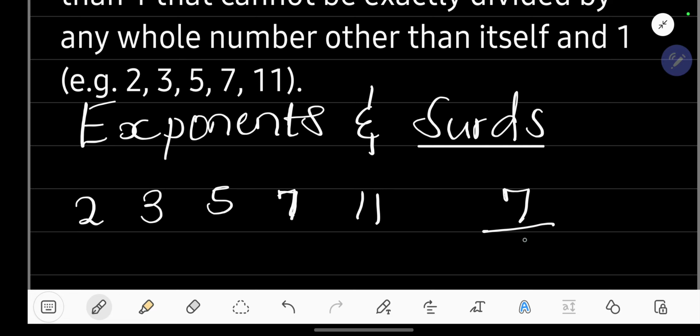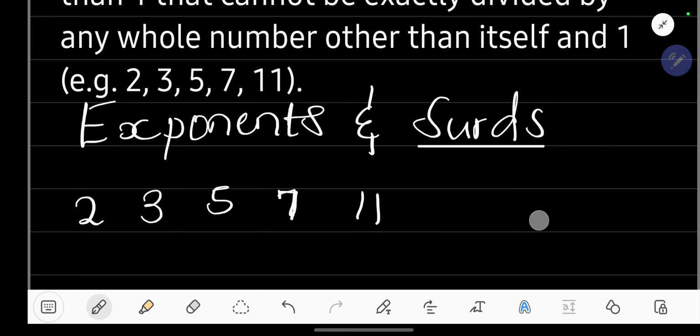If you divide 7 by 1, it gives you 7. If you divide it by 7, it gives you 1. You can divide it by 3, but 3 goes into 7 twice and leaves a remainder of 1. You see? That's why you cannot divide it evenly by anything other than 1 and itself.